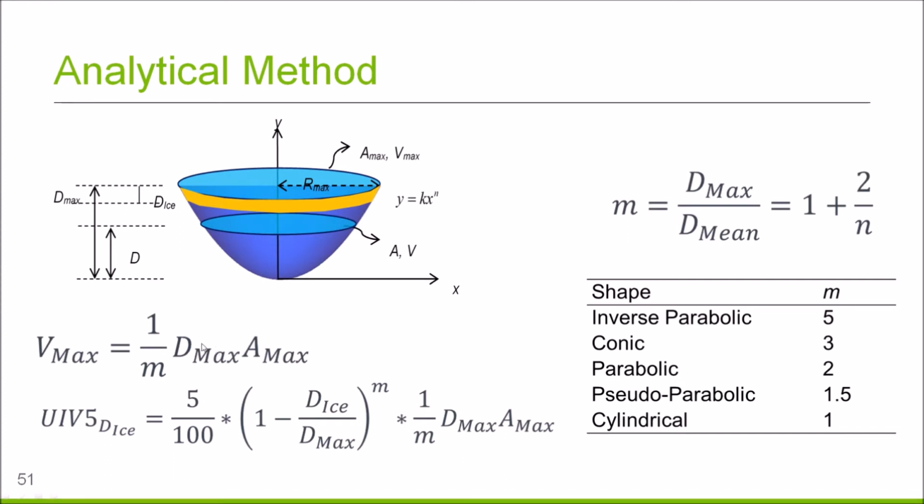So if you have information on the maximum depth of a lake and the maximum surface area, and if you know or assume the lake shape, you can estimate maximum volume using this formula. And we can change the formula a little bit to estimate the 5% under-ice volume of the same lake. You need to know the thickness of the ice in order to estimate that number.